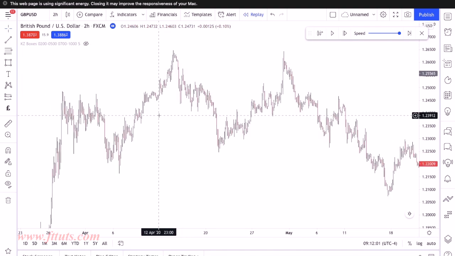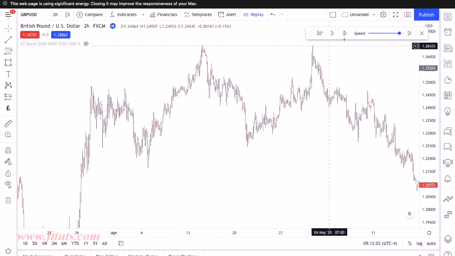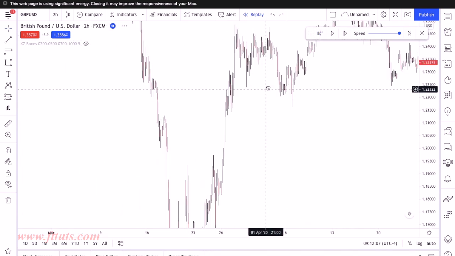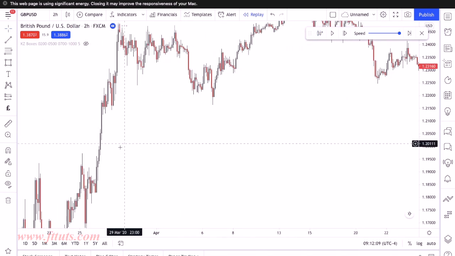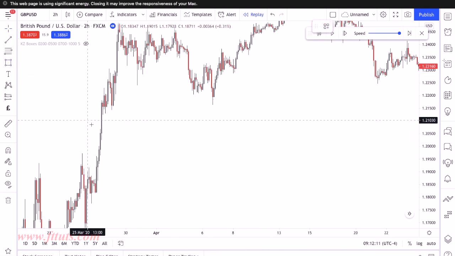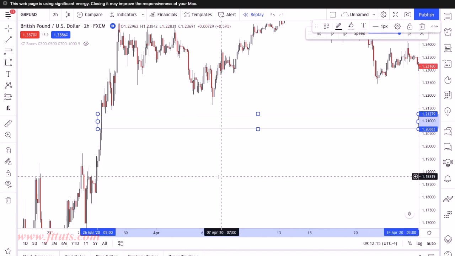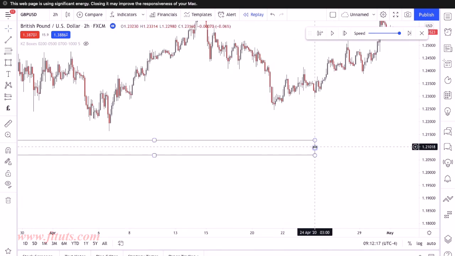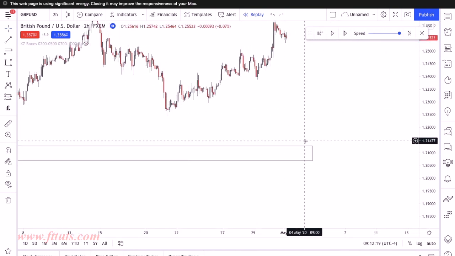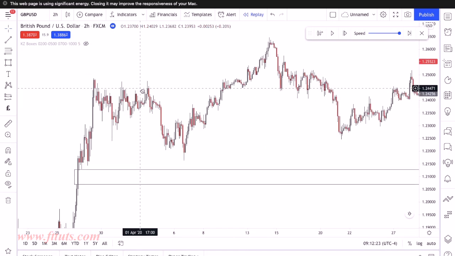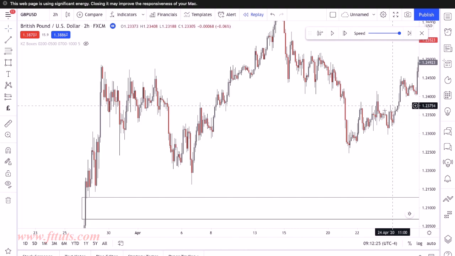Now, GU. Let's look at the bigger picture, right? Let's replay price here. What can we identify already right over here? All of this imbalance, right? So there is imbalance down here that still needs to be filled, right? Cool. Now, what can we identify at this point over here?